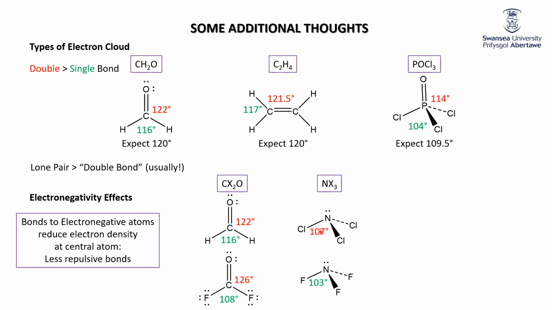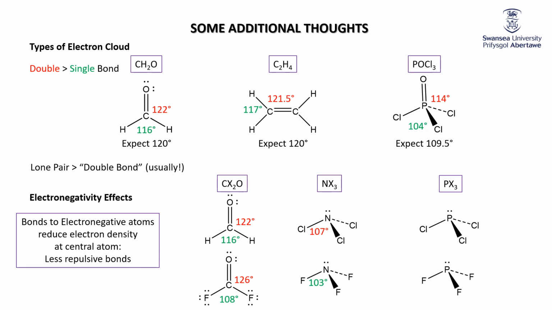Chlorine is close in electronegativity to nitrogen, so you're going to see almost an ideal situation here, about 107 degrees. Go to the more electronegative fluorine, so these are more polar bonds, with more electron density up at the fluorine end and therefore less electron density around at the nitrogen end of these bonds, which means that a lone pair can push them even further away from each other.